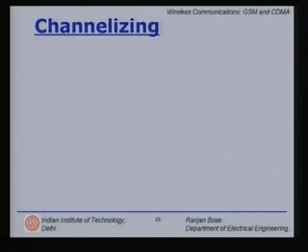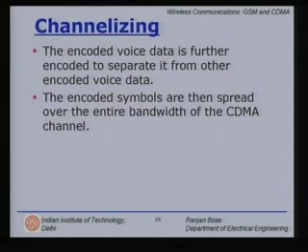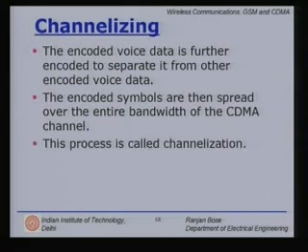The next step in CDMA systems is channelizing. The encoded voice data is further encoded to separate it from other encoded voice data. The encoded symbols are then spread over the entire bandwidth of the CDMA channels.